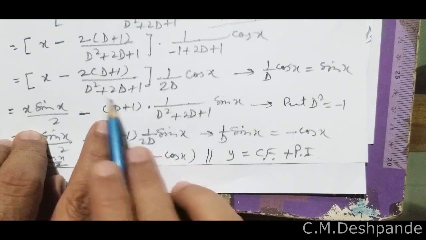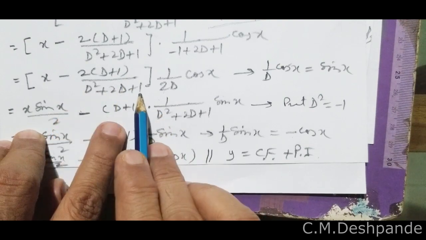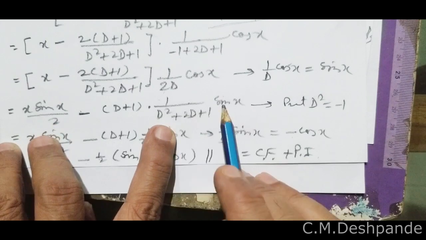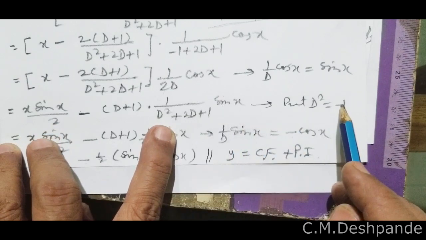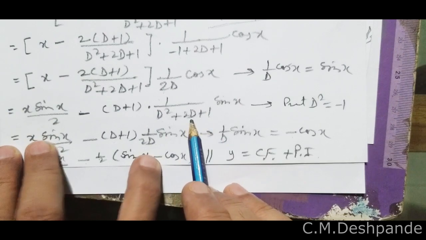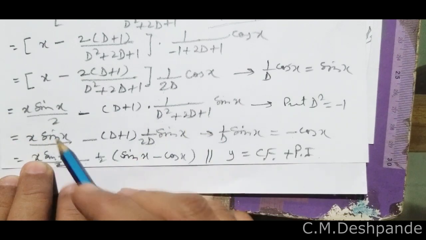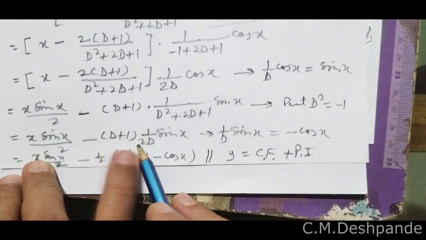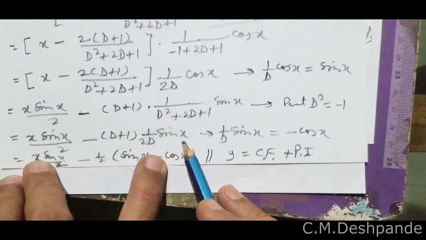Then (D plus 1) upon D square plus 2D plus 1 operating on sin x. And to operate again on sin, replace D square by minus 1. So minus 1 plus 1 gets cancelled, only 2D. So first term as it is, x sin x upon 2 minus (D plus 1) also as it is, and 1 upon 2D operating on sin x.